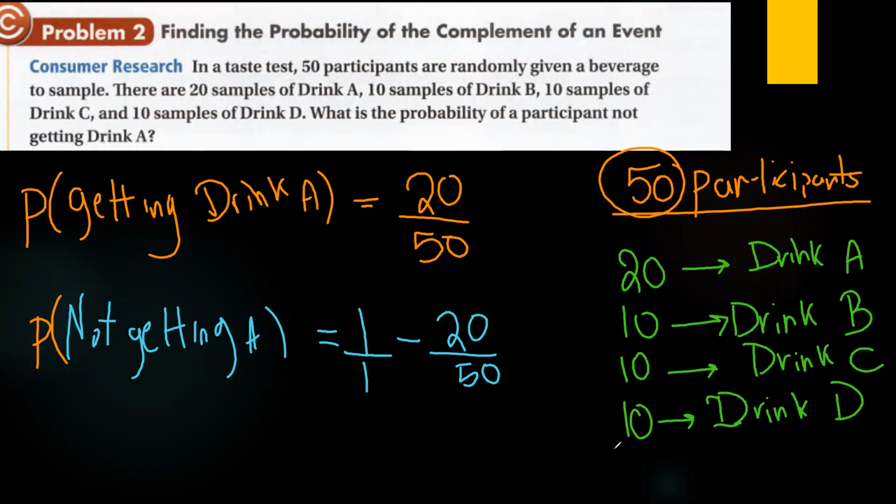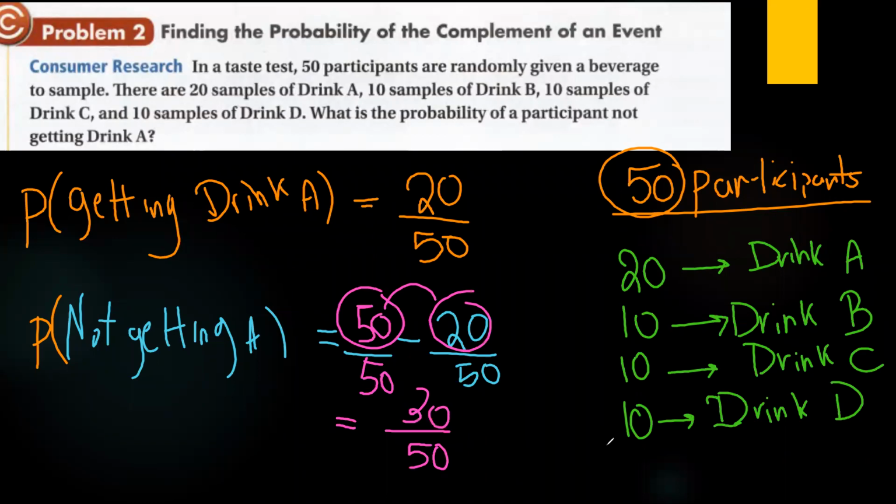Since the denominator here is 50, I will write 50 over 50 in order to subtract. You have the same denominators, and then 50 minus 20 is 30. So the probability of not getting A is 30 over 50, or you can simplify it as 3 over 5.